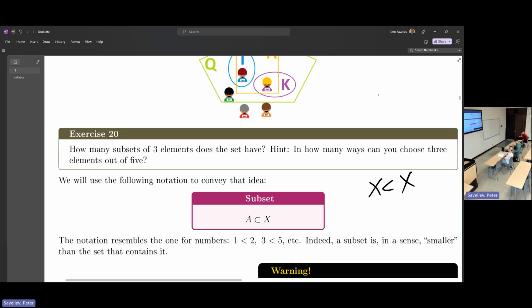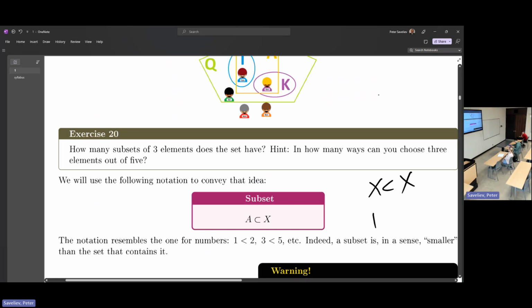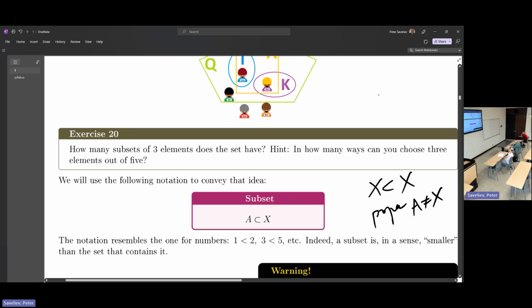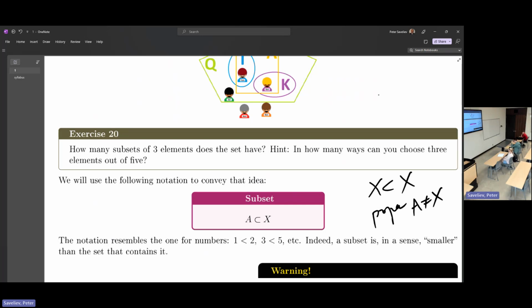And if it is a proper subset, as we say, a proper subset is when A is not equal to X, then it is strictly smaller in size than the larger set. So that's why it matches, even though when sets are infinite, you can have a smaller subset with the same number of elements.